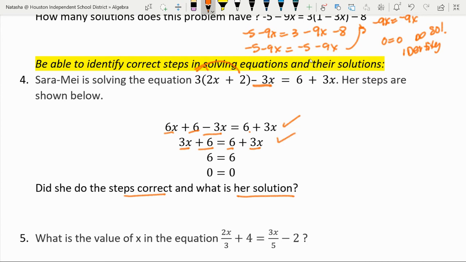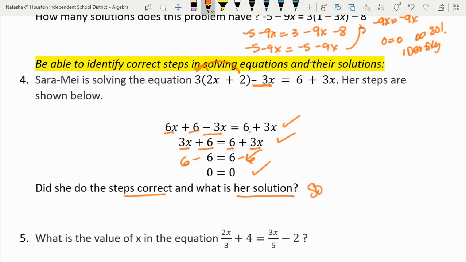She canceled out the 3x's from both sides, so that gave her 6 is equal to 6. That's correct. Now, you could even just stop there and talk about what the solution is. If she subtracted 6 from both sides, that would give you 0 equals 0, which is also correct.